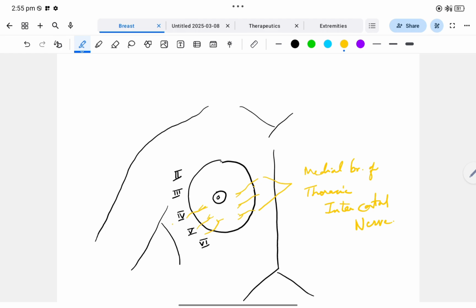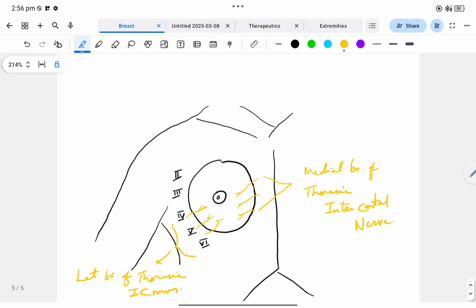And now this is the lateral side, so lateral branch of thoracic intercostal nerves. And from the top, it is supplied by supraclavicular nerves. From here, this is the clavicle region.